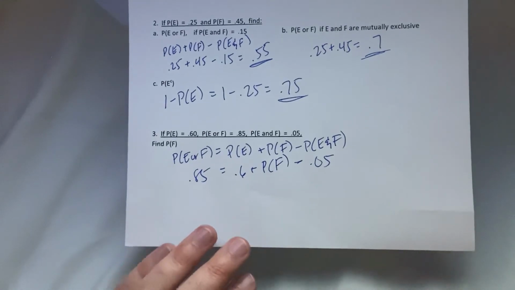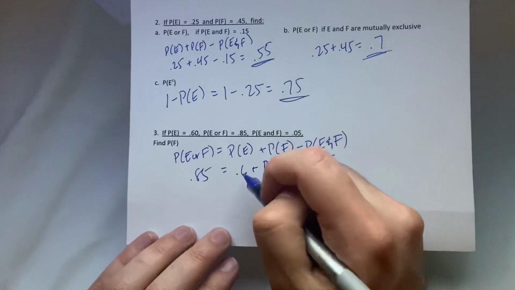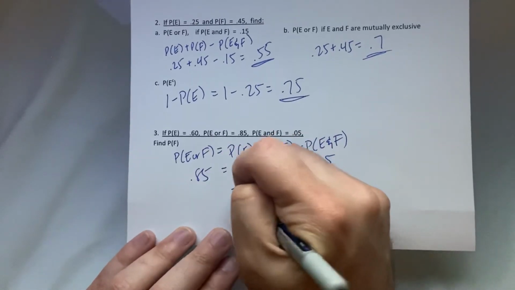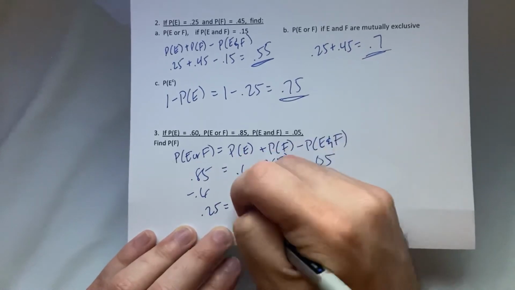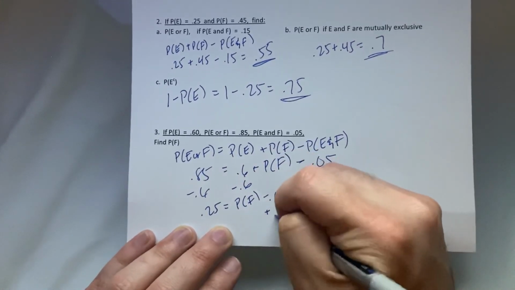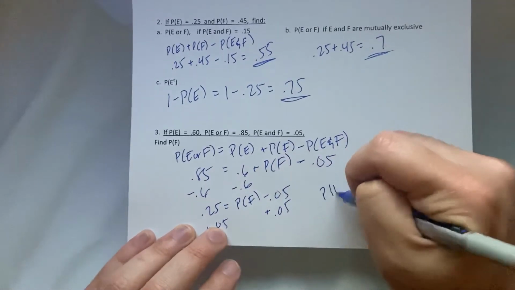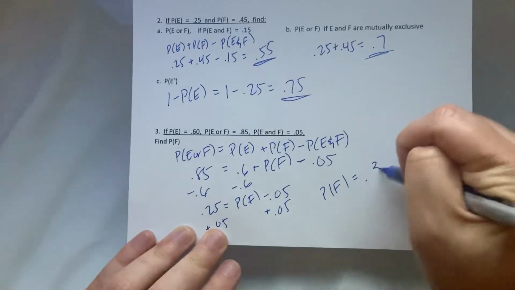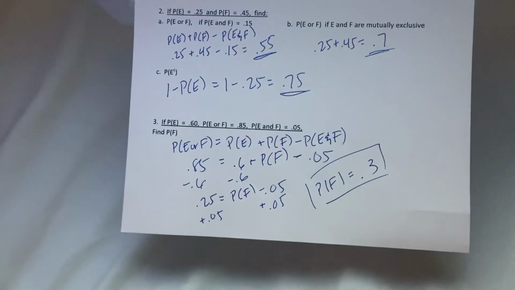All we have to do is solve the equation for the remaining variable, which is the probability of F. So let's subtract 0.6. This means 0.25 equals the probability of F minus 0.05. Add the 0.05. You get the probability of F equals 0.3. And we will continue in the next video.